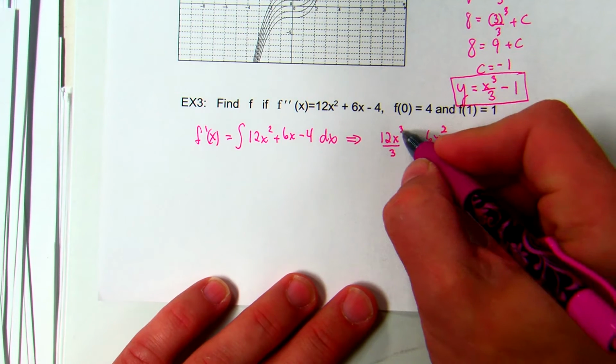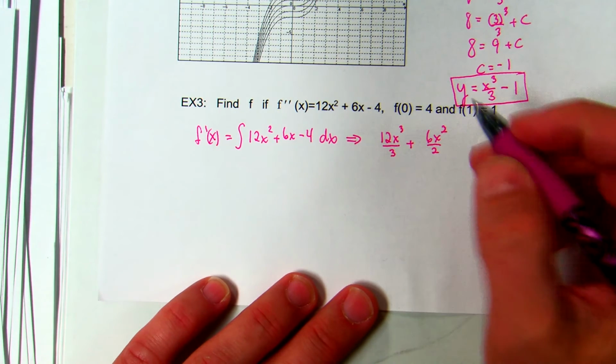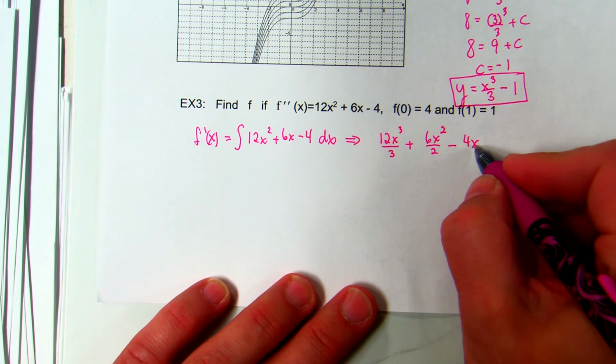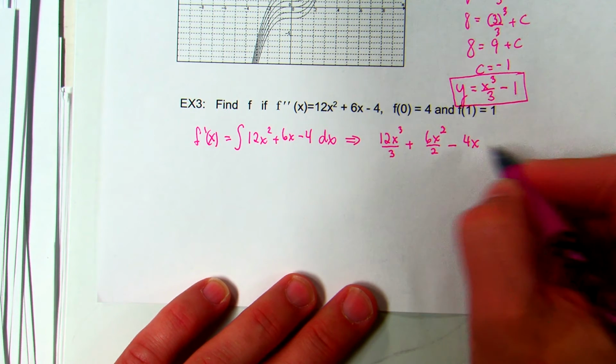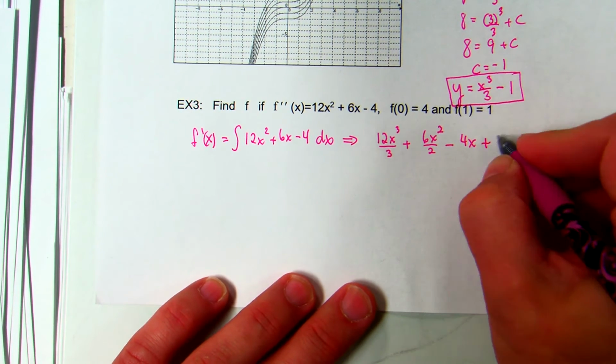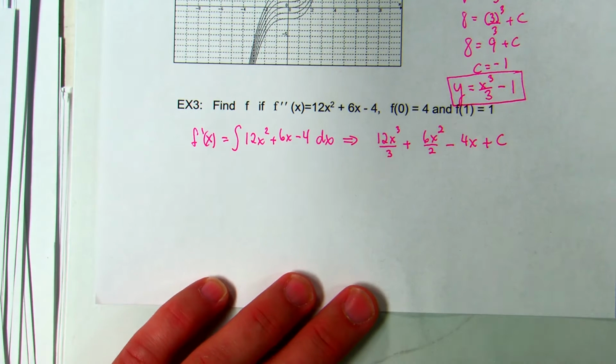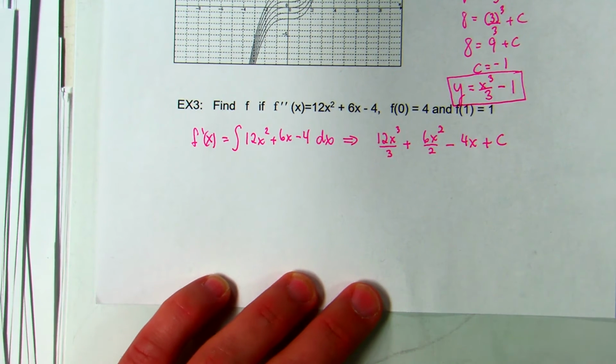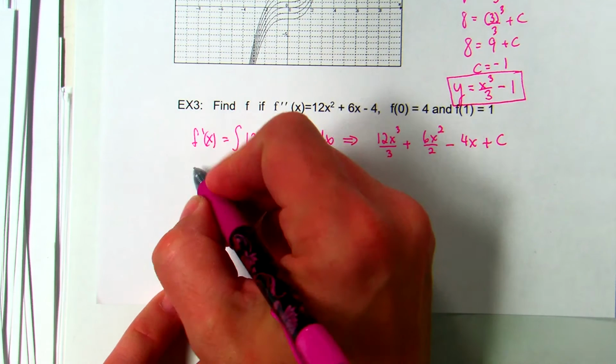So n is your exponent here. Minus 4x, and that's the same thing as 4x to the first over 1, but we don't have to write that because it's understood. And then we have to add in our constant. Right, that's the first derivative. We can simplify that, and I'll just do that on the next step.